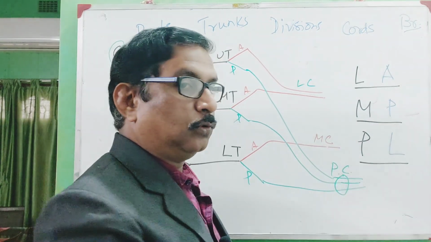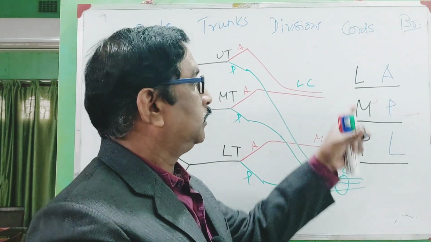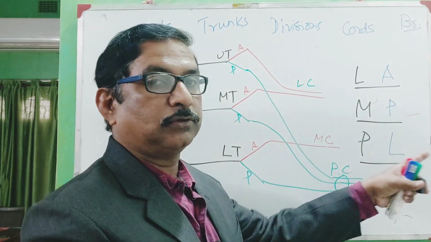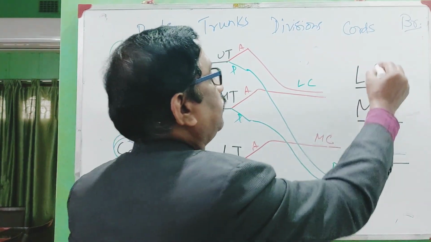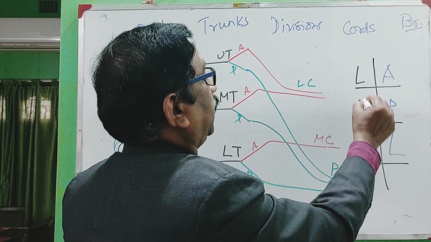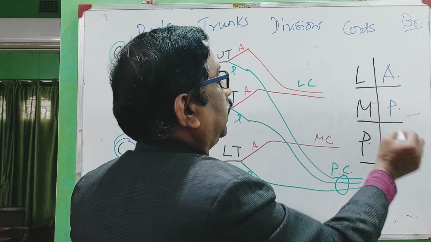So, just below, when it enters into the axilla, the relationship to the axillary artery will be like this. So, you can remember like this, LMP, APL.